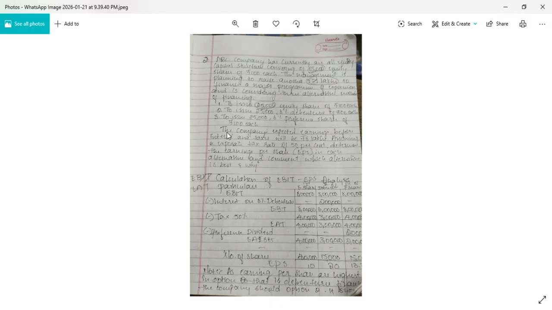Then, in continuation, the company expected earnings before interest and taxes will be rupees 8 lakhs. So, here earnings before interest and tax means EBIT. So, here EBIT we have to take 8 lakh rupees for each option.